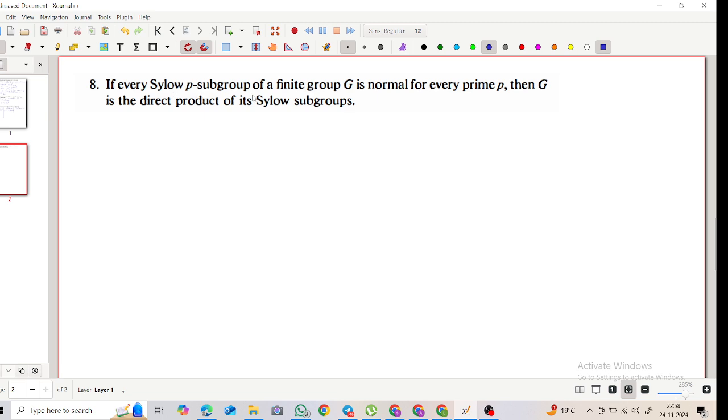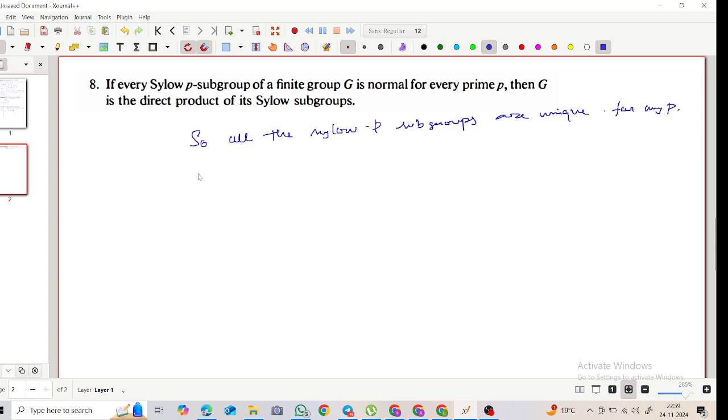So every Sylow p-subgroup of a finite group G is normal for every prime p, right? So all the Sylow subgroups are unique, right? For any p.